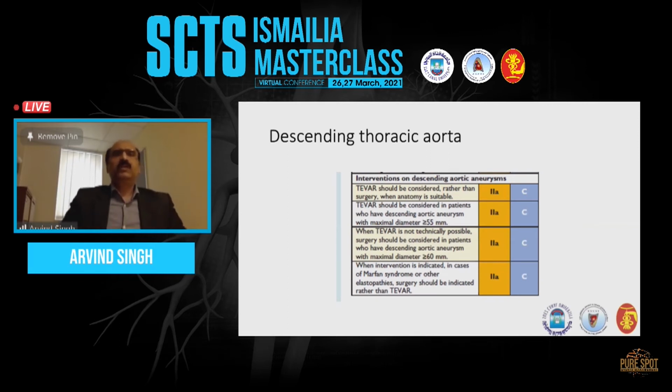Descending thoracic aorta: in the current era, where TEVAR technology has improved quite significantly, that is a class 2A indication at this moment in time for dealing with descending thoracic aortic problems. Unless TEVAR is not possible, the patient can be subjected to surgery.